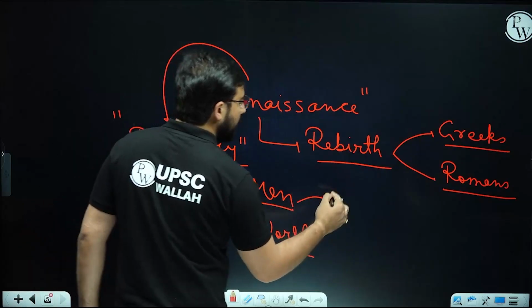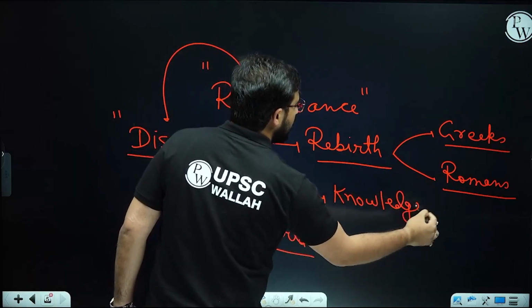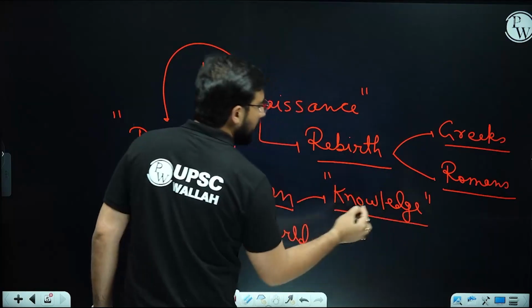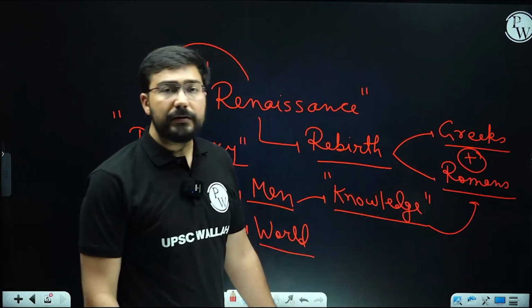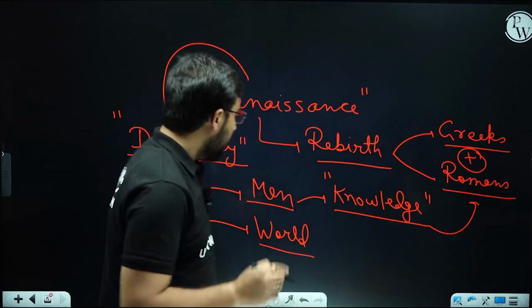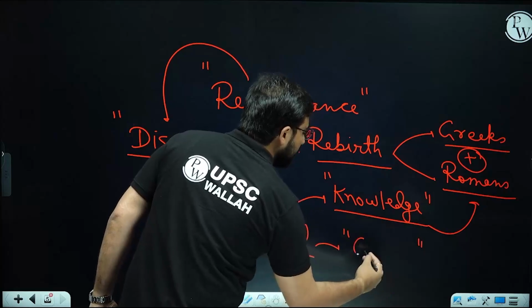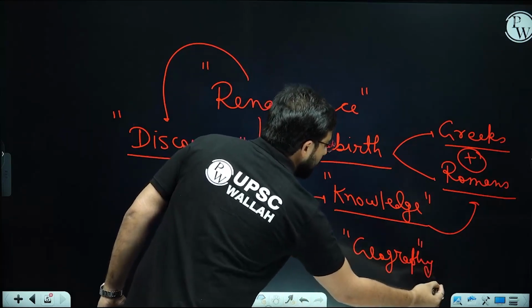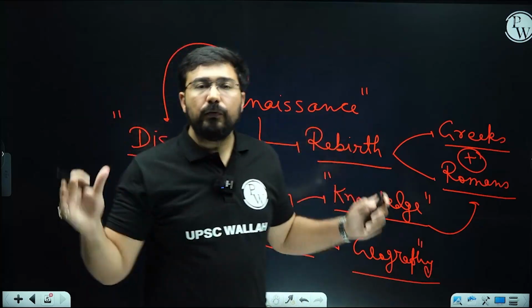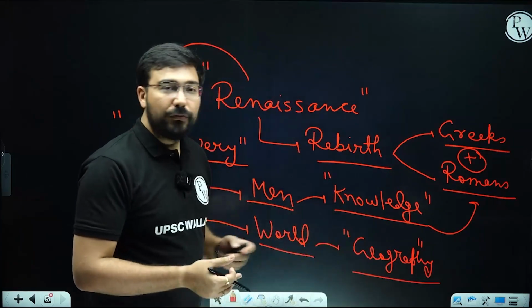Because man now got acquainted with the knowledge of multiple subjects, based upon the ideas given in the culture of Greeks as well as Romans. And second, it was discovery of the world, because now the sovereigns of Europe were trying to create a map of the world. They wanted to acquaint themselves with the knowledge of geography.